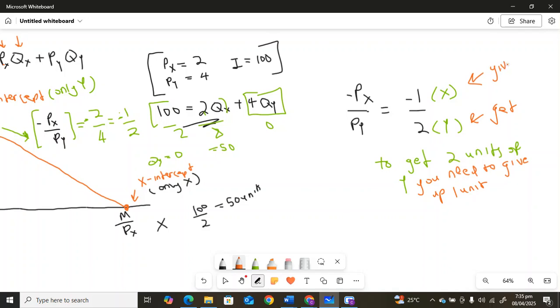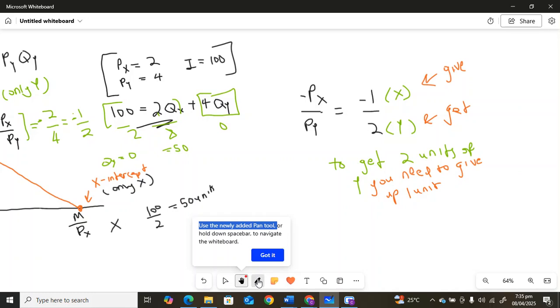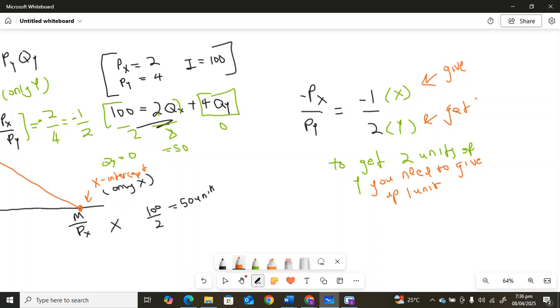We can simplify it further. Negative half is the same as negative 0.5. Here just ignore the negative sign.